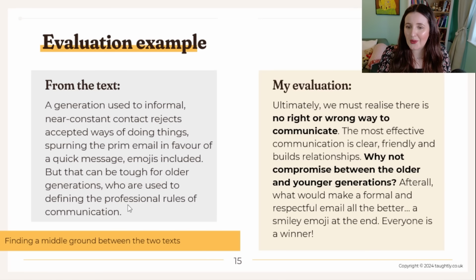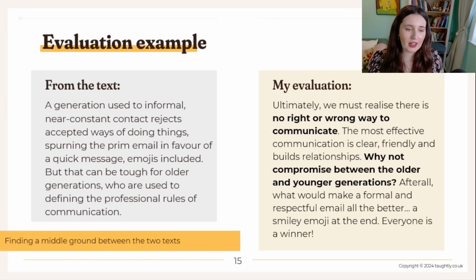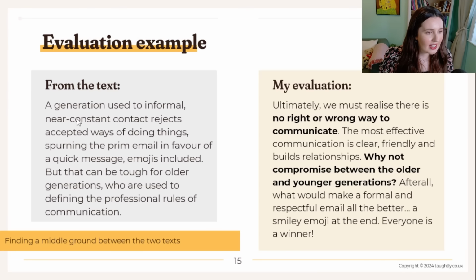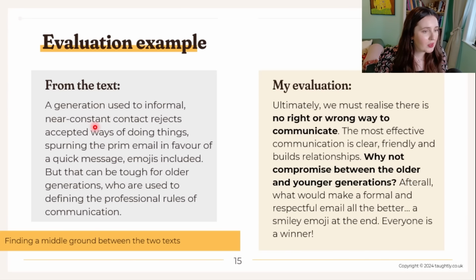The next example is when I'm trying to find the middle ground. So these two texts were basically arguing that young people are too informal in the workplace, and the other one was arguing actually it can be quite nice sometimes to be a bit informal. So one of the texts said, a generation used to informal, near constant contact rejects the accepted ways of doing things, spurning the prim email in favour of a quick message, emojis included.